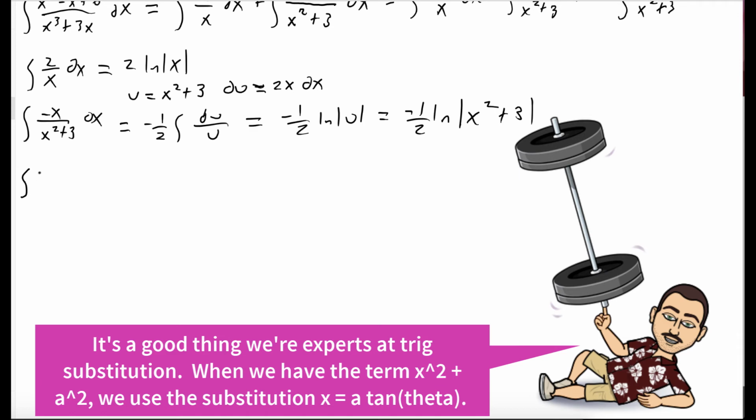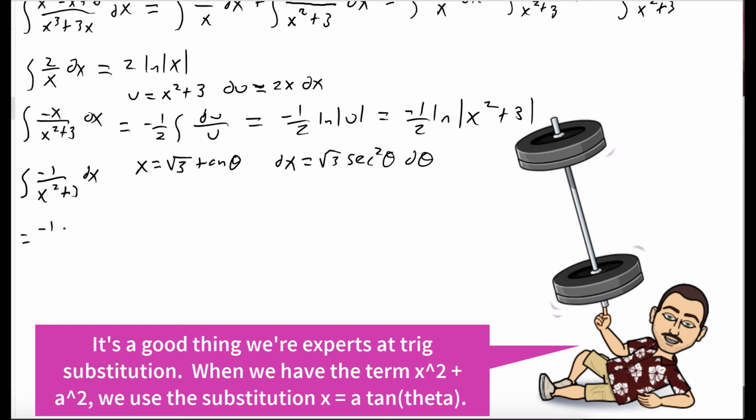On to the final part, the integral of negative 1 over x squared plus 3. Here we have to use trig substitution. So we'll take x to be the square root of 3 times tan theta, and dx is the square root of 3 secant squared theta d theta.